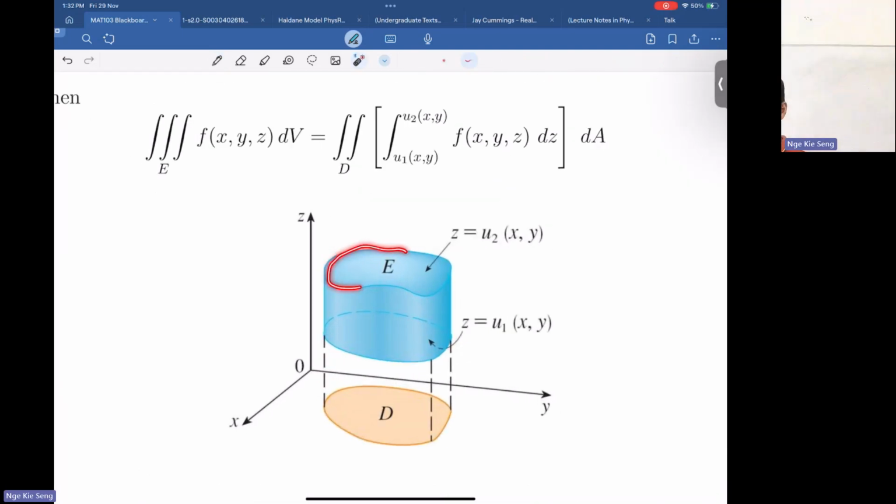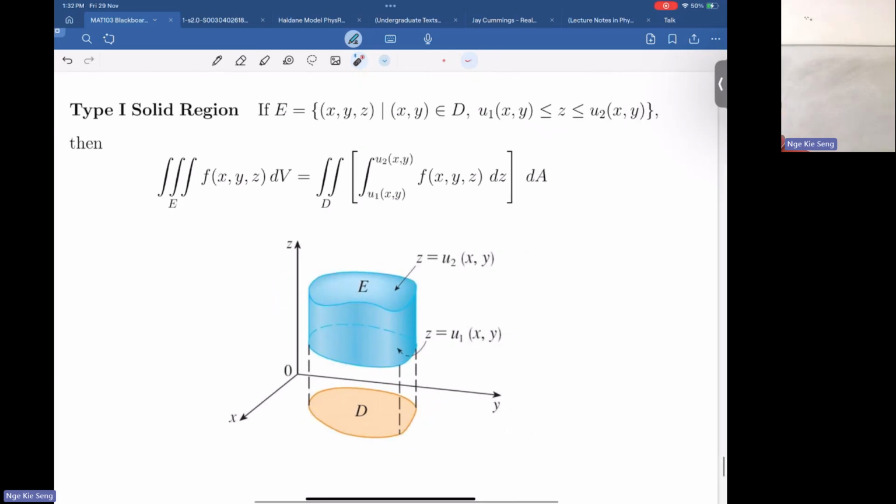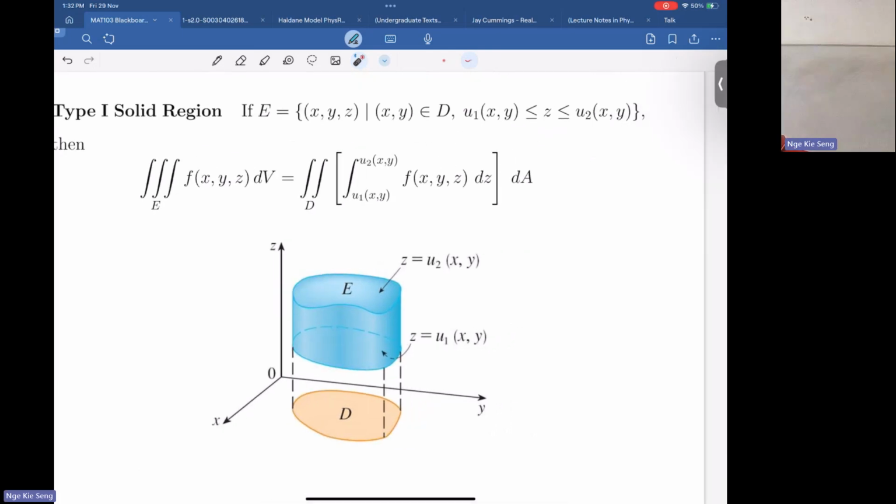Their shapes are a bit different. So meaning what? Meaning that if you look at a fixed Z, you have a different area, controlled by U1 and U2 here.